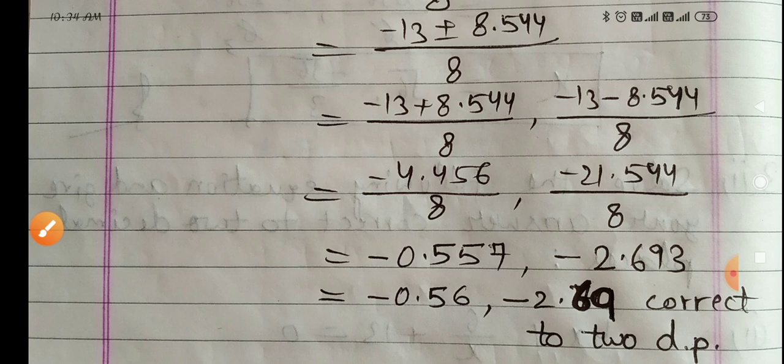If you see here, after the decimal 55 is there, and here after the decimal 69 is there. So I found the value up to 3 decimal places so that I can round off. In the round off method, after the decimal you keep 2 digits and remove the third digit, but you cannot remove the third digit without any change. If the third digit you are removing is 5 or greater than 5, then the second digit will be increased by 1.